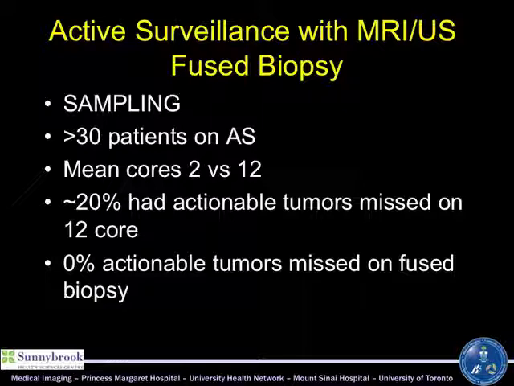It has one arm where they just get the biopsy on entrance onto active surveillance, and the other arm where they get a biopsy with MR guidance, to see what the Gleason score upgrading is in the 2 arms. And then we want to take those patients and follow them and see what their outcomes were. So, that's a long answer, but I hope it answers your question.